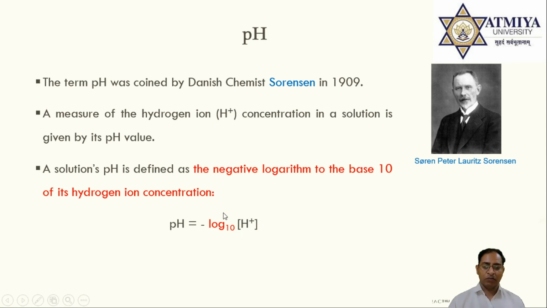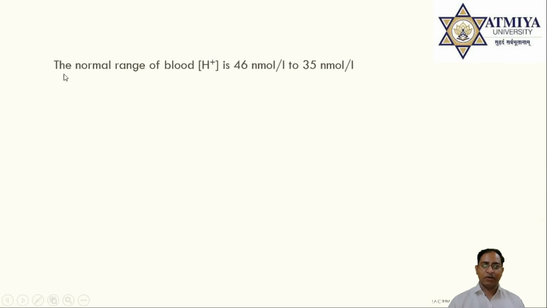Before we further discuss pH, let's understand why we use the log to the base 10 value. Say, for example, the normal range of hydrogen ion concentration in our blood is 46 nanomole per liter to 35 nanomole per liter, which is very small.